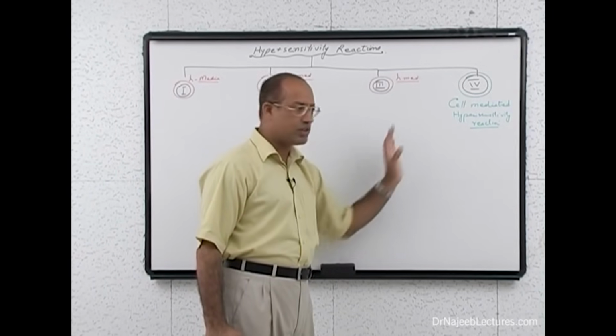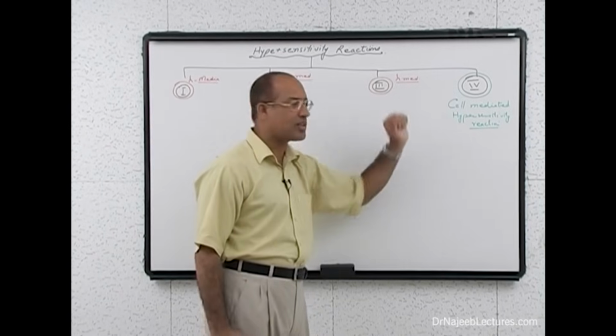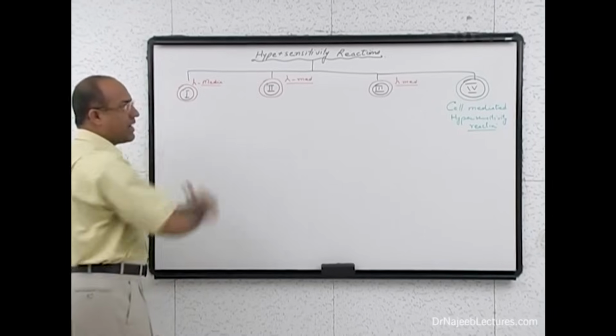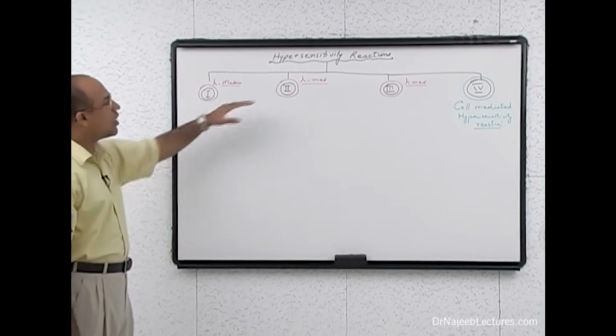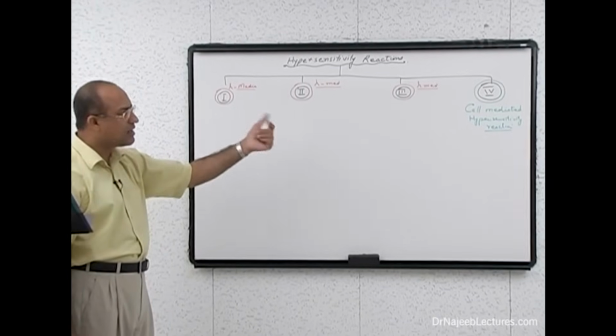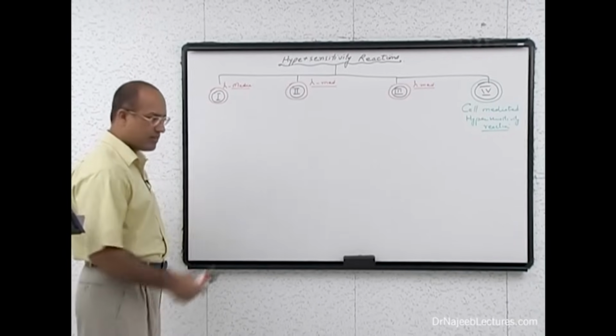There is no antibody involved in type 4 hypersensitivity reaction. Now, because type 1, 2 and 3 all involve antibodies, let's see how they are different from each other. We'll discuss their differences a little bit, then we'll go to the detail of every type.